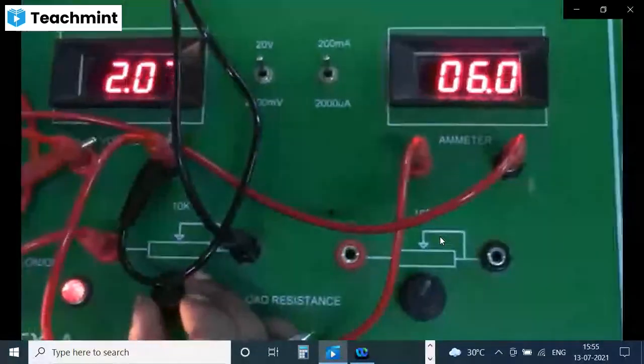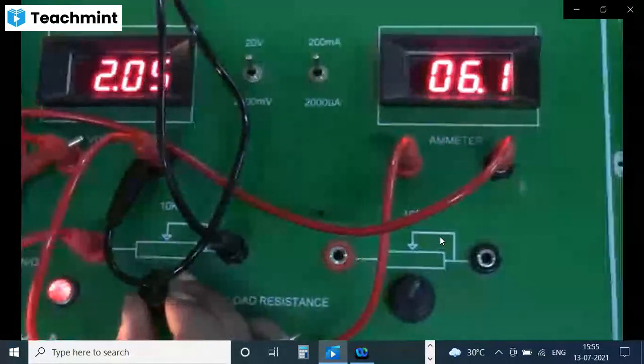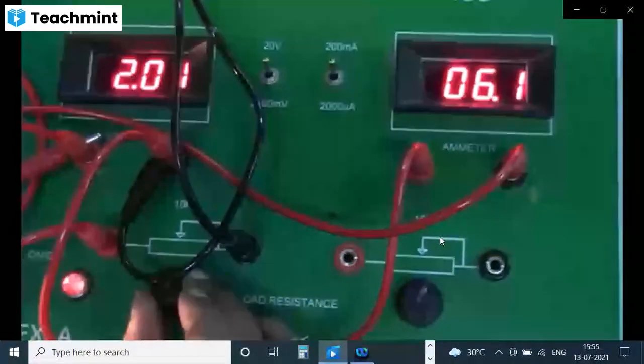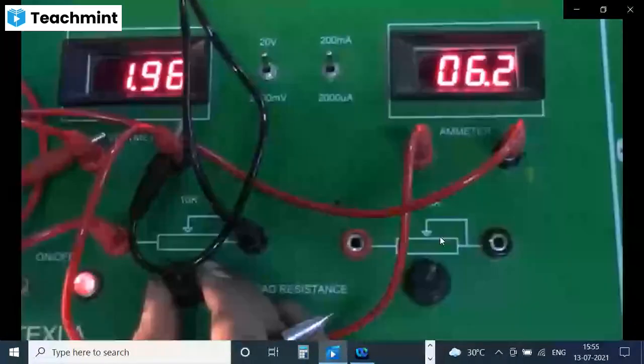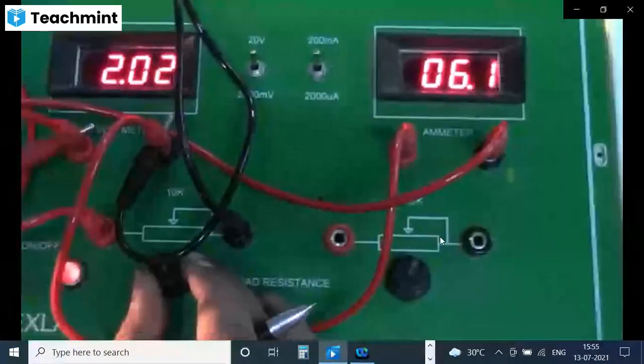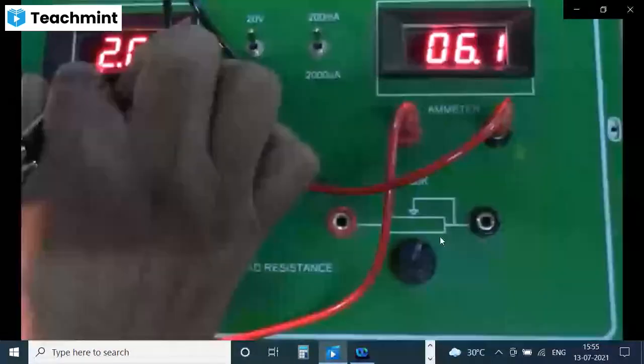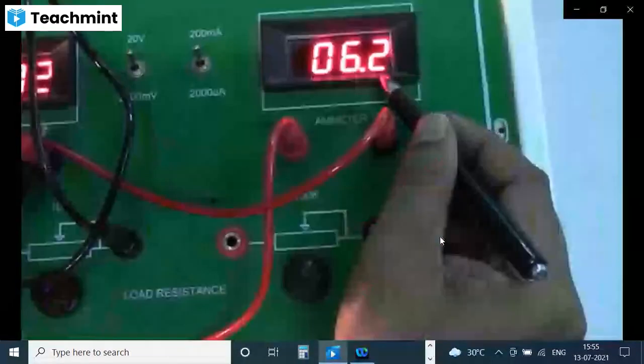Now apply 2 volts. I am increasing the resistance so that the voltage value increases and the corresponding current also decreases. Students, I applied 2 volts and what is the corresponding current? 6.1 milliamperes.